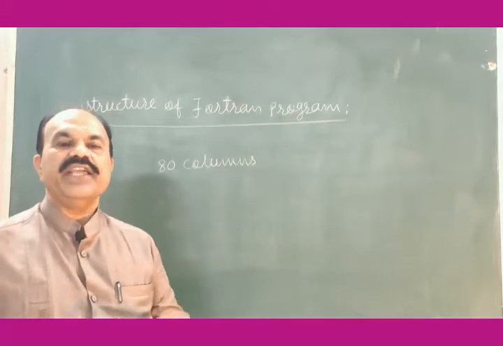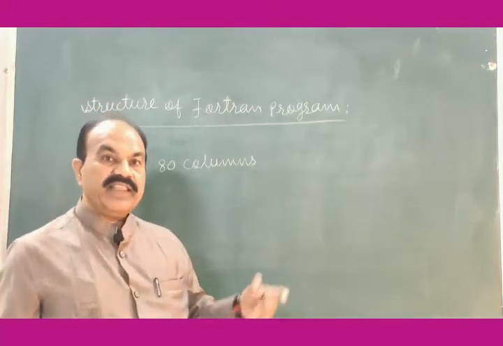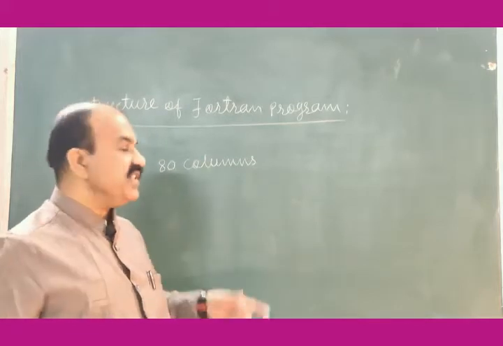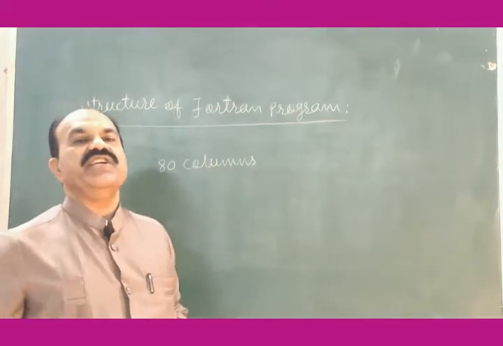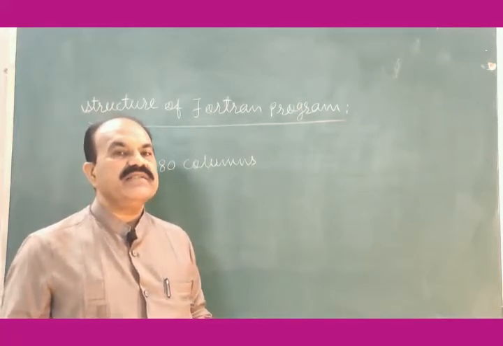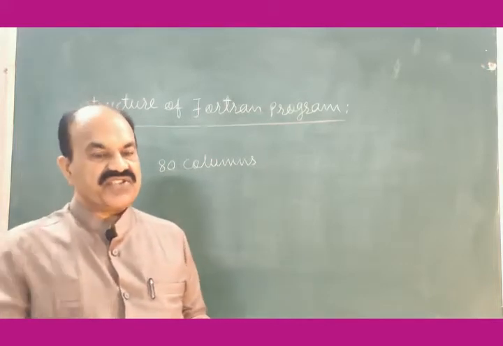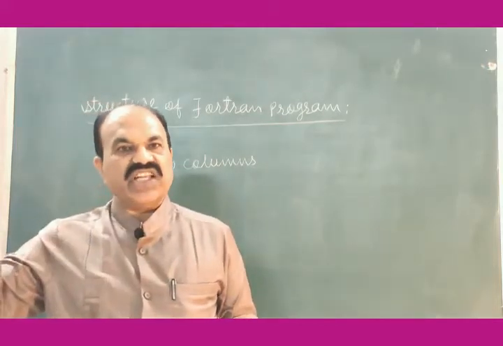Every line, every row of the Fortran program in the coding sheet has 80 columns. It means that we can enter 80 characters in a single line.